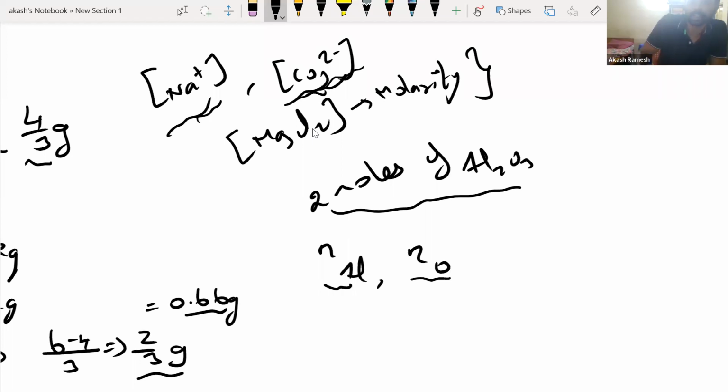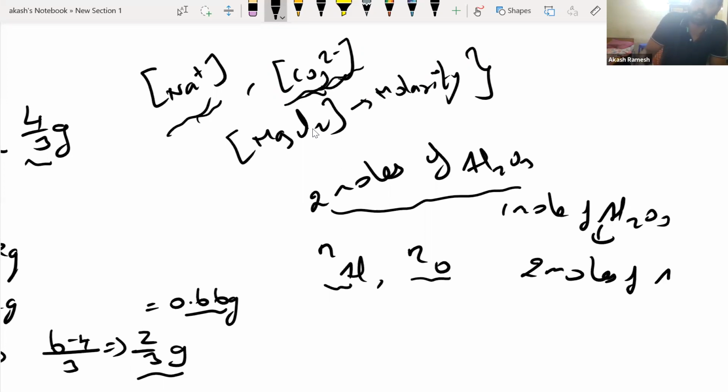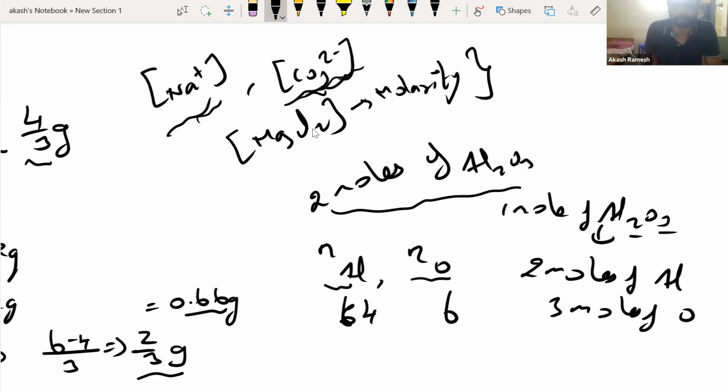In 1 mole of Al2O3, I have 2 moles of Al and 3 moles of oxygen. So if I have 2 moles, then I will have 4 moles of aluminium and 6 moles of oxygen. As simple as that.